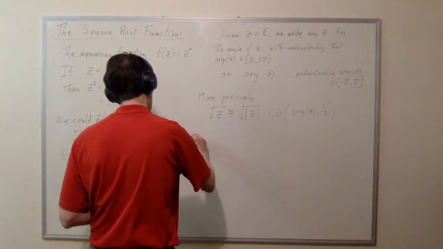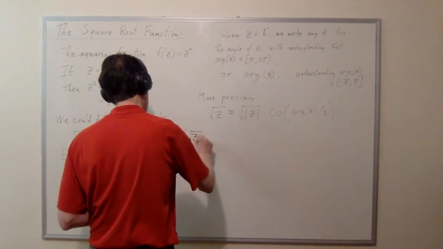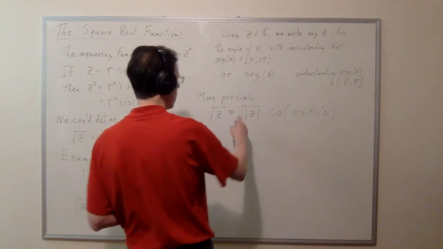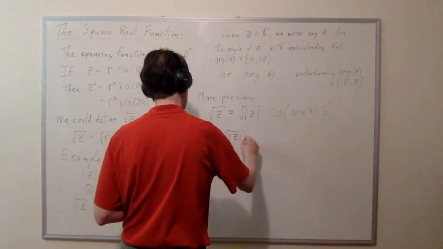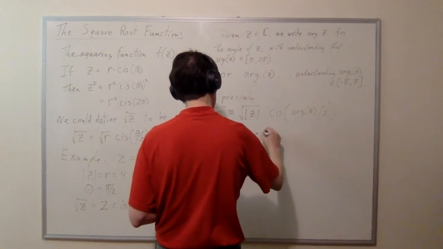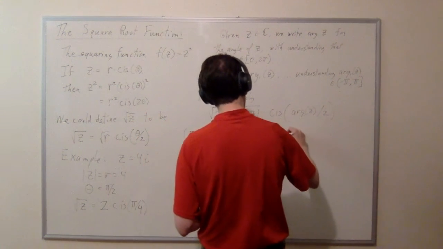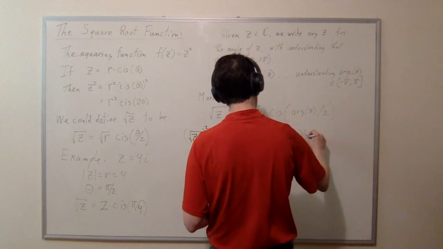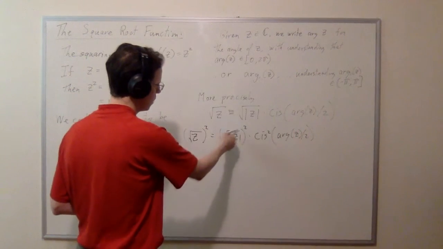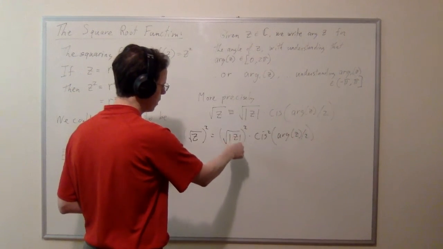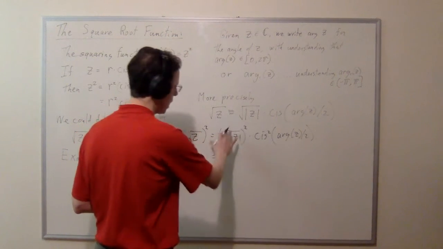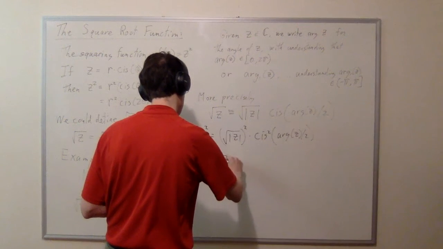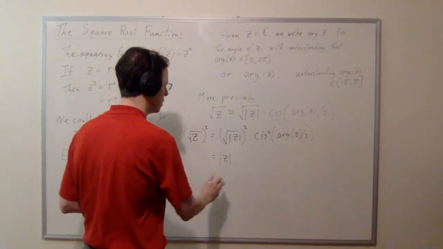So if you take the square root of z and you square it, then what do you get? You get the square root of the modulus of z, squared, times cis squared of the argument of z over 2. Now, this is the square root of a non-negative real number and then squared, so those cancel by normal real number properties, and this gives you the modulus of z.